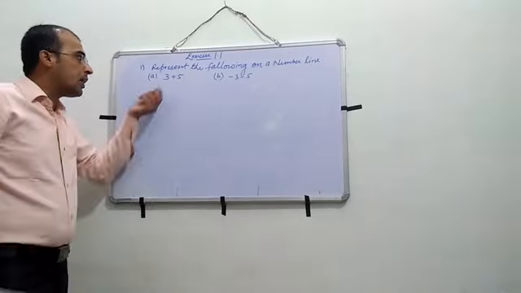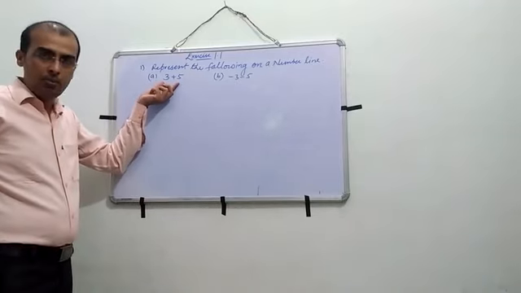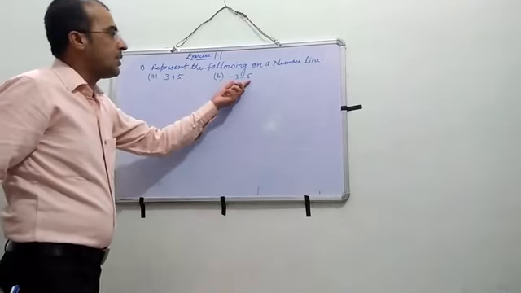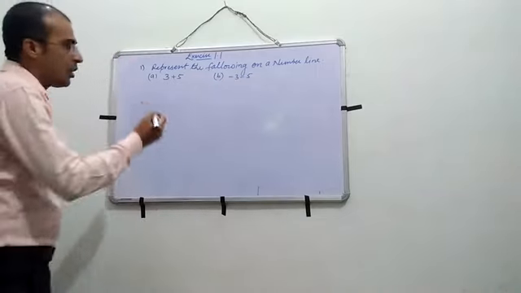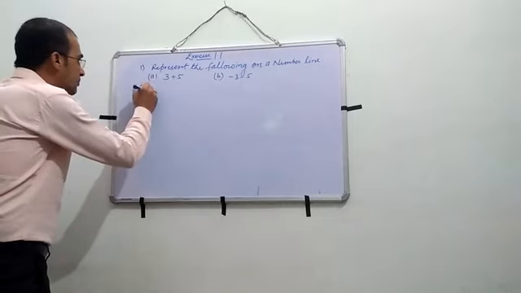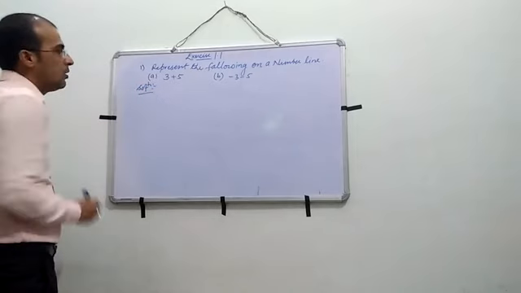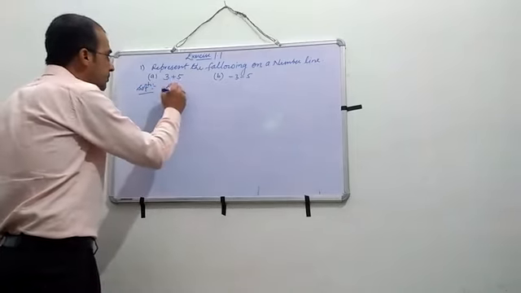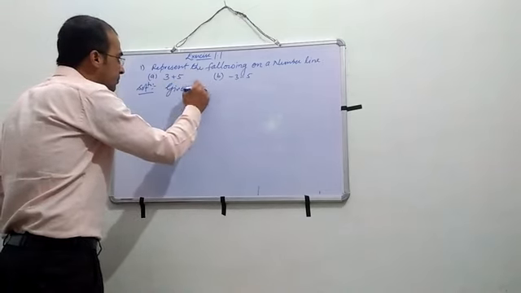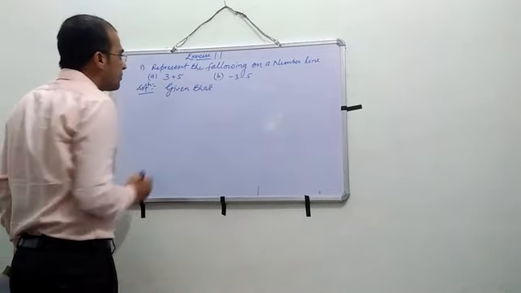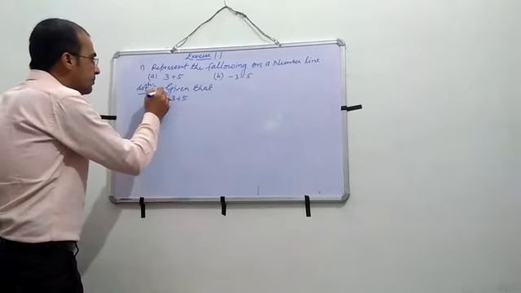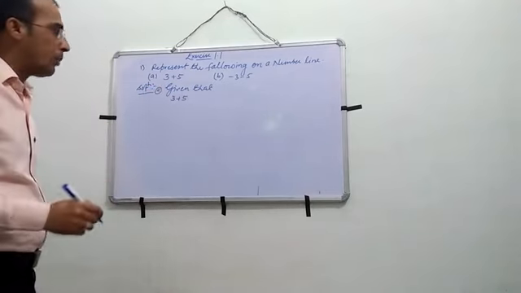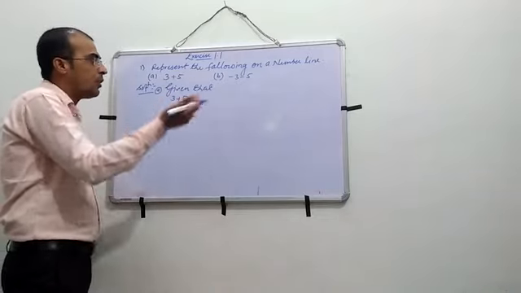So we have to represent 3 plus 5 on the number line and minus 3 minus 5 on the number line. So what will be the solution of this question? Given that 3 plus 5, we have to represent 3 plus 5 on the number line.